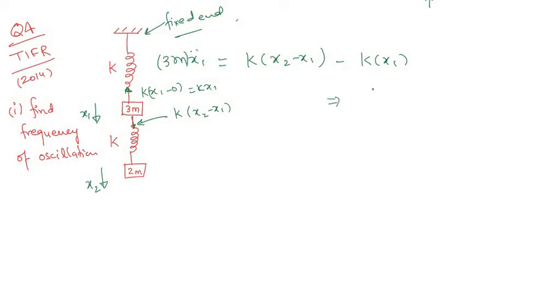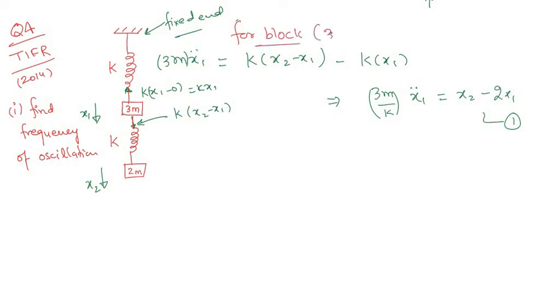So this can be written as (3m/k) x1 double dot equals x2 minus 2 x1. Let us call that equation 1. This was for the block of mass 3m. Now similarly, writing the equation of motion for the block of mass 2m.